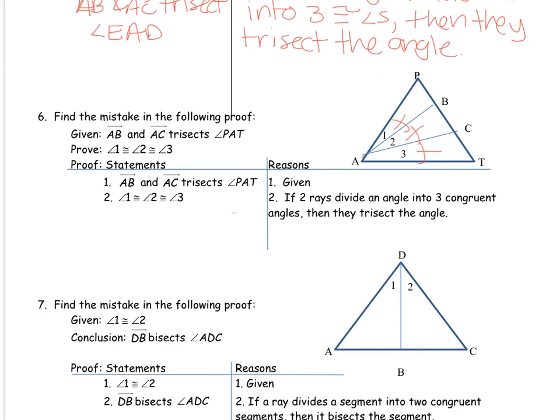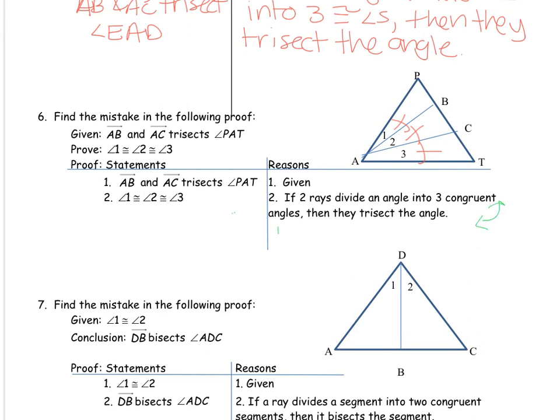If 2 rays divide an angle into 3 congruent angles, then they trisect the angle. That's a correct statement, but look at the order. What should we be starting with in the if statement? If 2 rays, not divide, but in the given we were told that they trisect the angle. Okay, so this one is backwards again.